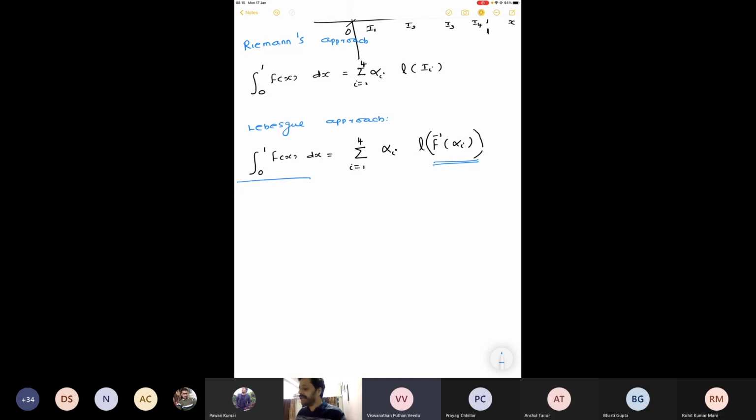What is it? Given a non-empty set omega, what is a measuring system? A measuring system on omega has basically two ingredients.